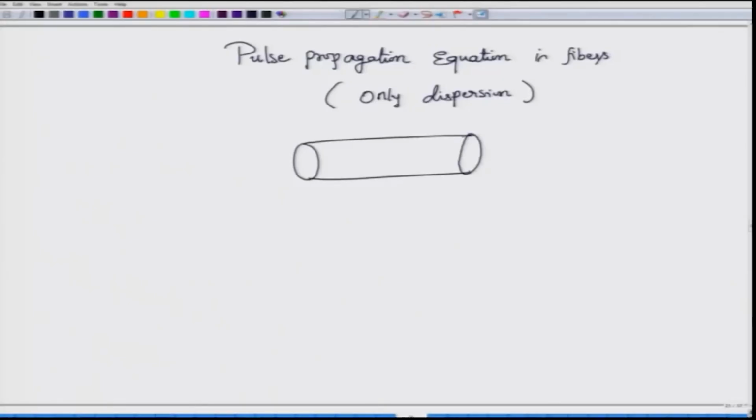At the end of the previous module we said that we can think of a fiber of certain length L as having a transfer function that, in the frequency domain, is represented as e power minus j beta 2 by 2 omega square z, or rather, since the fiber has a length z equal to L, this would be the transfer function.